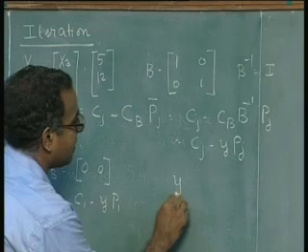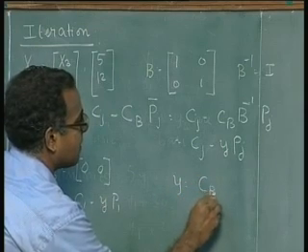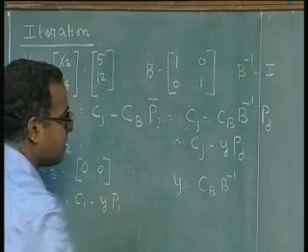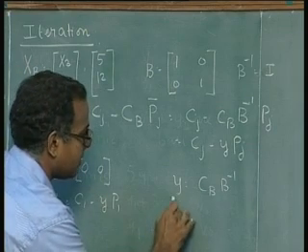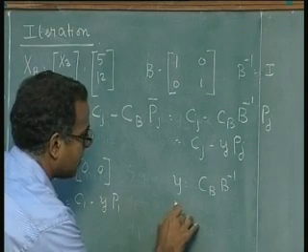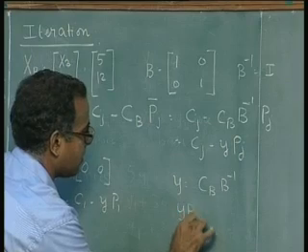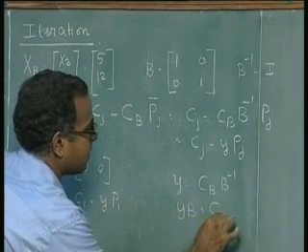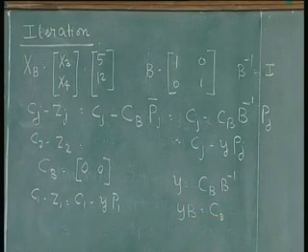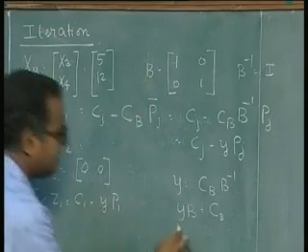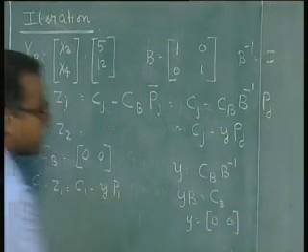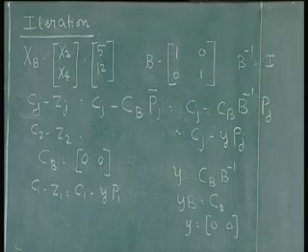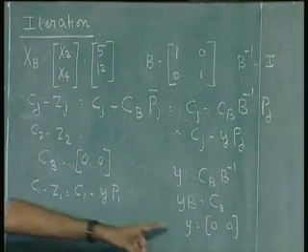Now y is CB B inverse. Pre-multiplying, I have yB equal to CB. In this case B is I, so y itself is CB equal to 0 0, because CB is 0 0, y is 0 0.